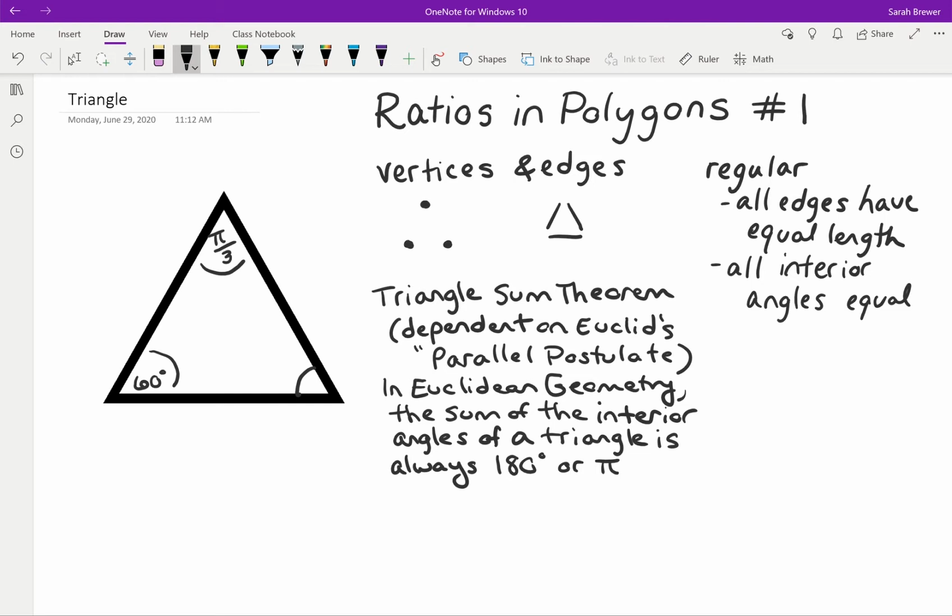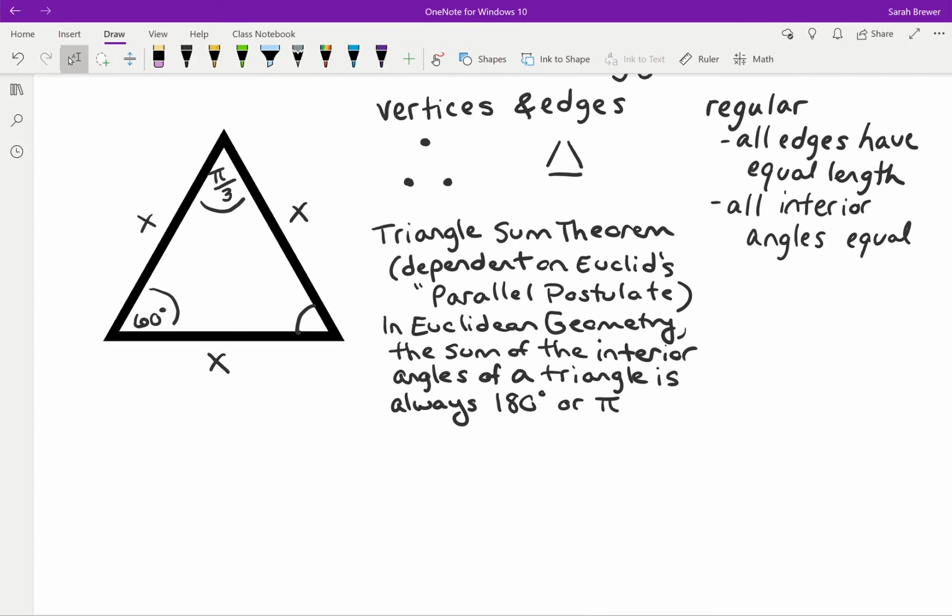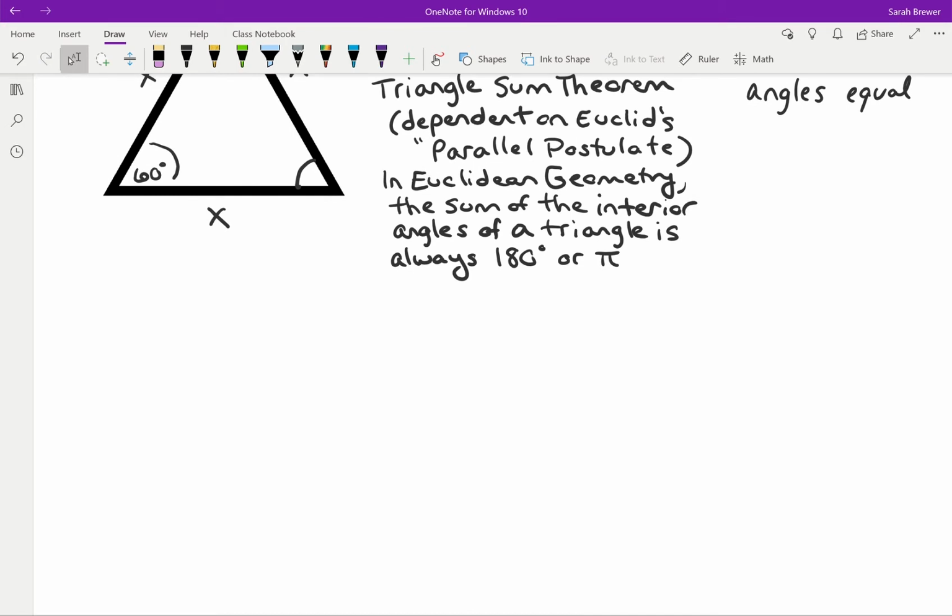All right, so this equilateral triangle, all the side lengths are equal, so say they all have edge length x. An equilateral triangle is pretty simple. There's not a whole lot going on here, but there are some things that we can measure. Oftentimes when you're constructing geometry, we want to know things like what is the length of a diagonal, what is the length of a radius, what is the length of an apothem.